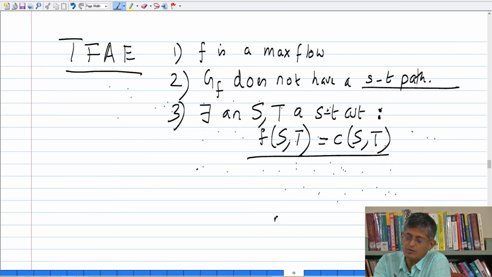What I showed you is that f of s comma t is less than or equal to the capacity. If you have a max flow, one direction you have already proved, 1 to 2 you have already proved. Now I am going to show you 2 to 3, right.